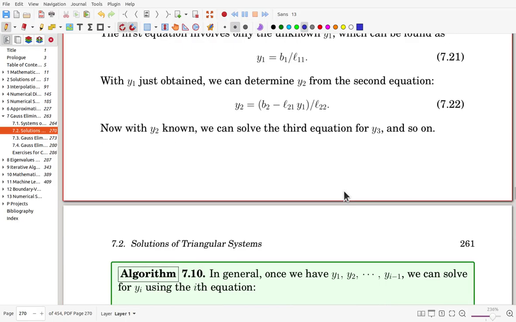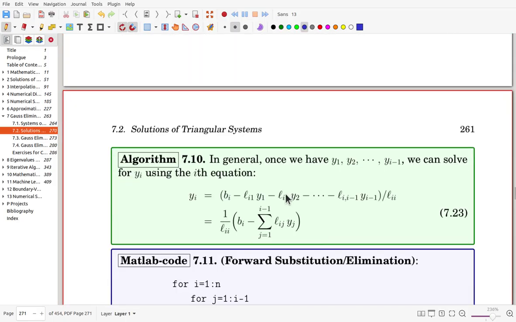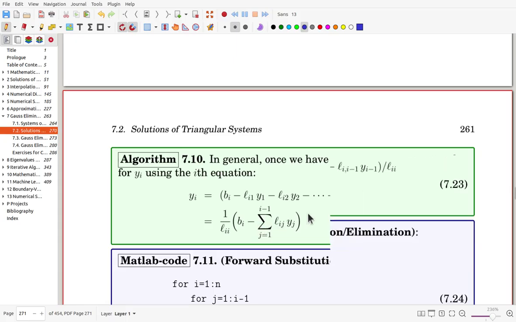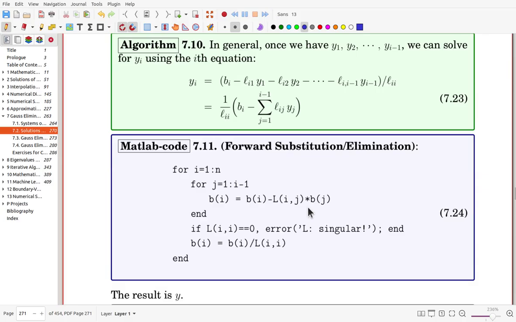That's the algorithm. In general, once we have y1 to y(i-1), then we can solve for yi using the ith equation. The known terms are moved to the right side and divided by Lii, and that is yi. We can implement this quite easily in MATLAB.